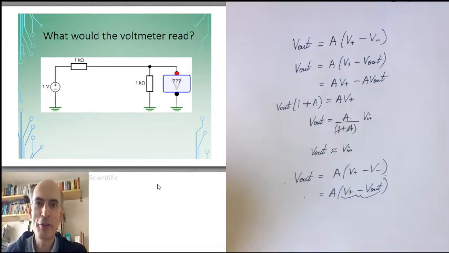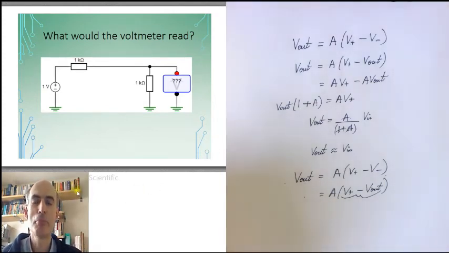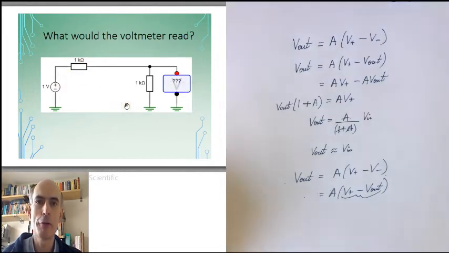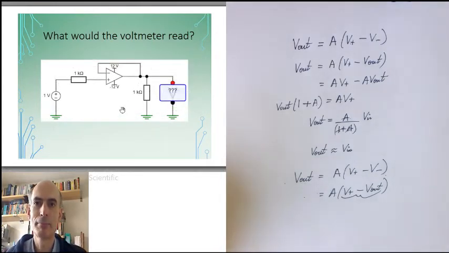It's everyone's favourite circuit. It's a potential divider. It's a very simple potential divider because the two resistors are equal. So the output would just be half of the input voltage, 1 volt. The voltmeter would read half a volt, 500 millivolts. Right. But what about this one?